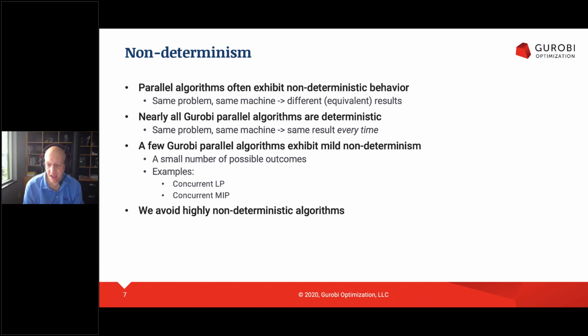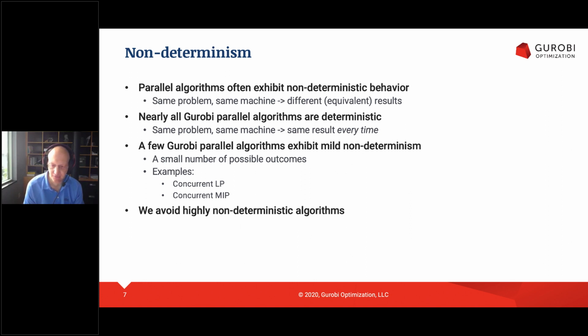I should add that there are a few algorithms in Gurobi that exhibit mild non-determinism. And what do I mean by mild? There are some algorithms in Gurobi where there are a few discrete possible outcomes. For example, concurrent algorithms: if you're running three different algorithms and the runtimes happen to be nearly identical, it's possible that, in one case, one of them will finish slightly ahead and you'll report that answer.